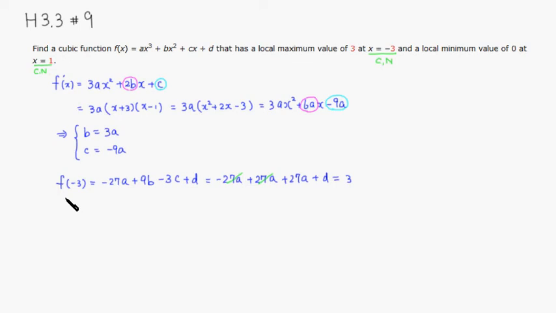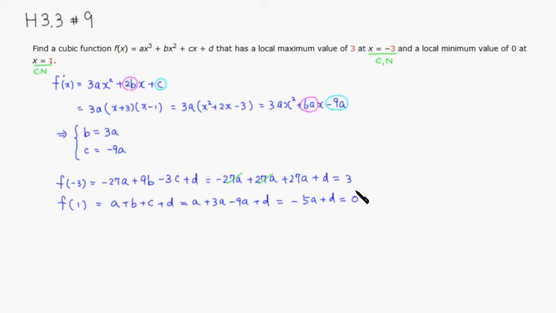How about the other one? If you plug in x equals 1, that would be just a plus b plus c plus d. But b is 3a, and c is negative 9a, plus d. So this is equal to 4a minus 9a, which is minus 5a, plus d, and we're supposed to get 0.